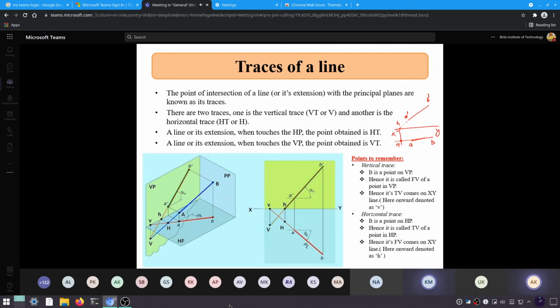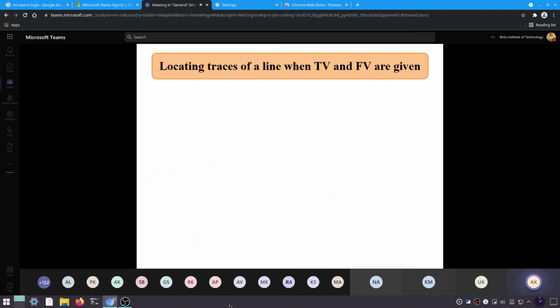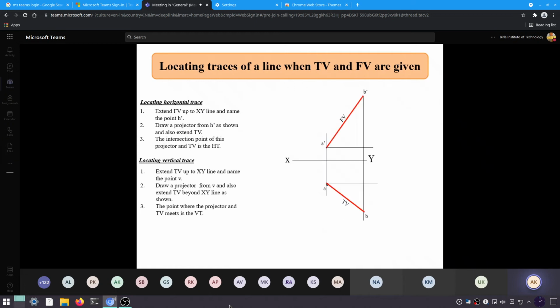So traces are basically those points at which our line meets the principal planes. Now this animation will give you the graphical view of how you are going to locate the traces when the top view and front view are given. This thing we have already discussed. If you extend the front view, you will get a point small h.